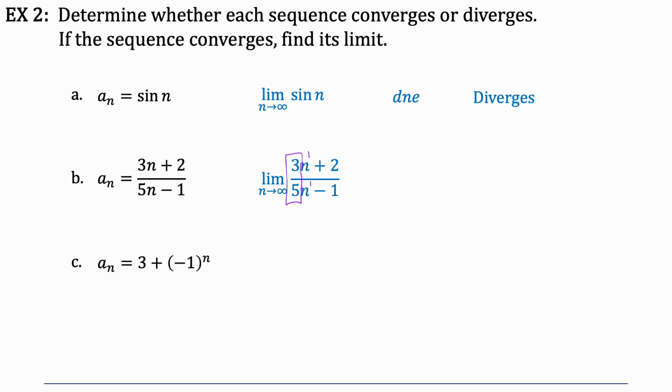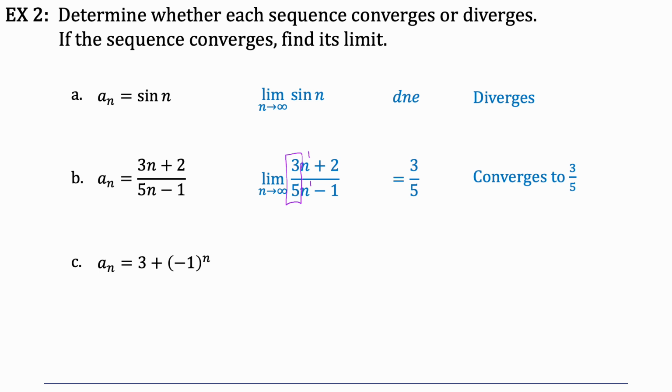So the limit as n approaches infinity of this is 3/5. So this sequence, we'd say, converges to 3/5. In other words, as n gets bigger and bigger, the individual terms get closer and closer to 3/5.